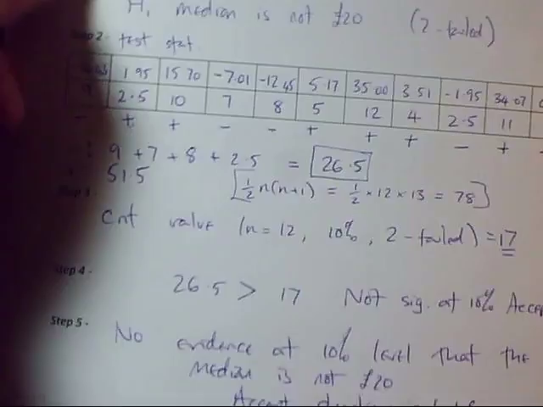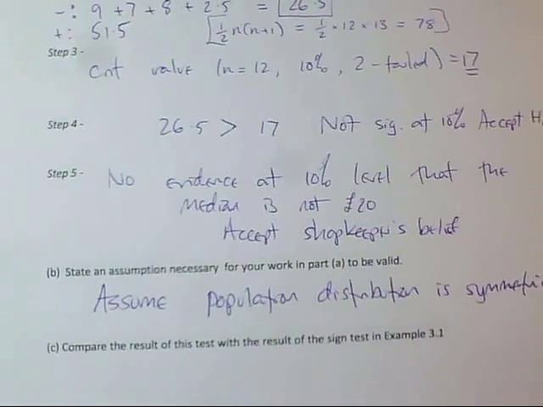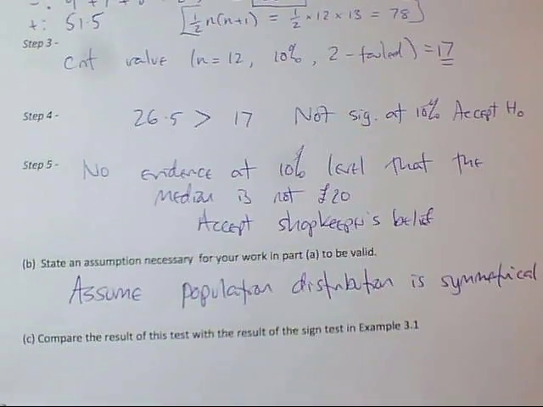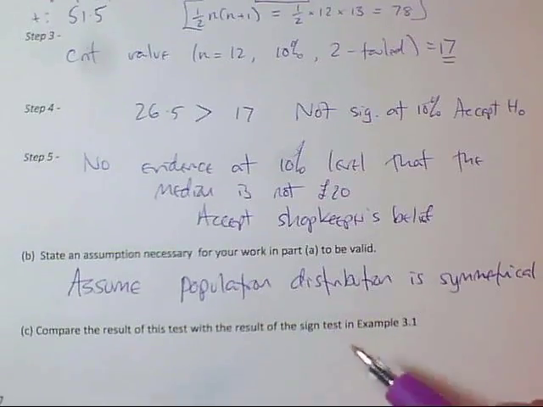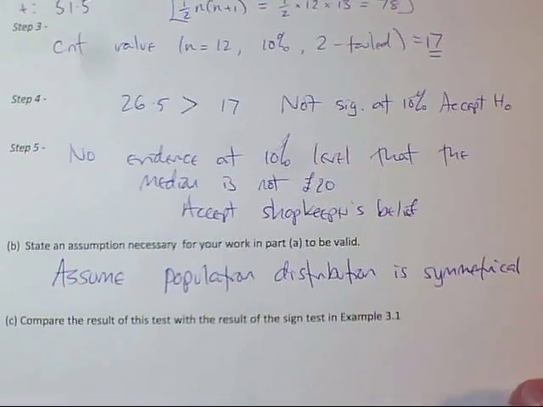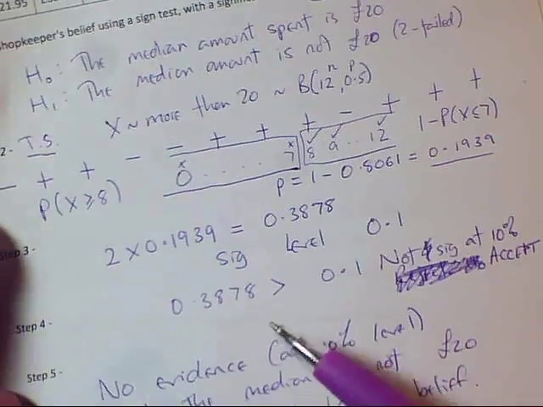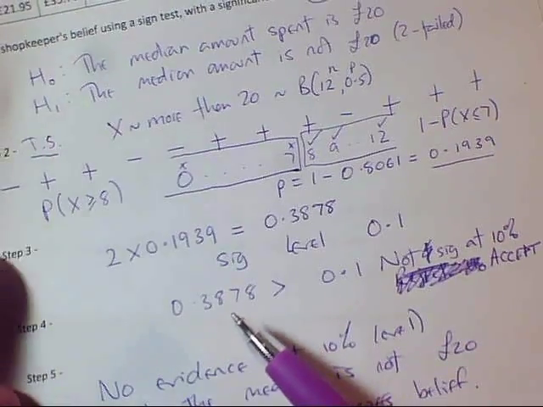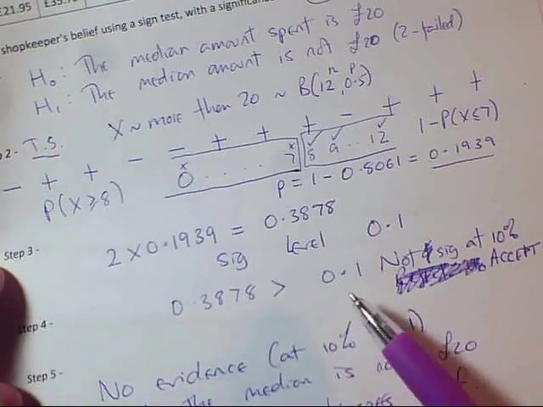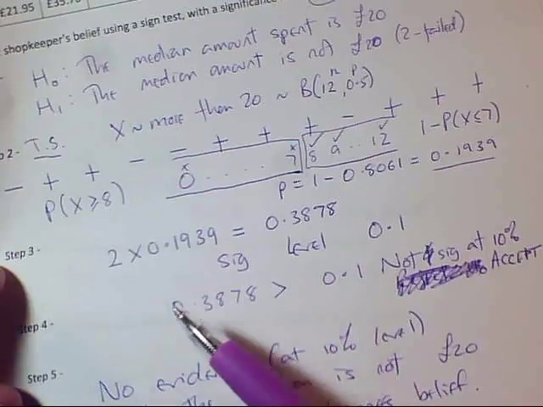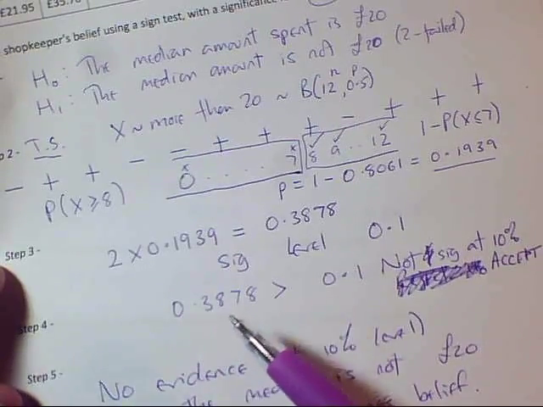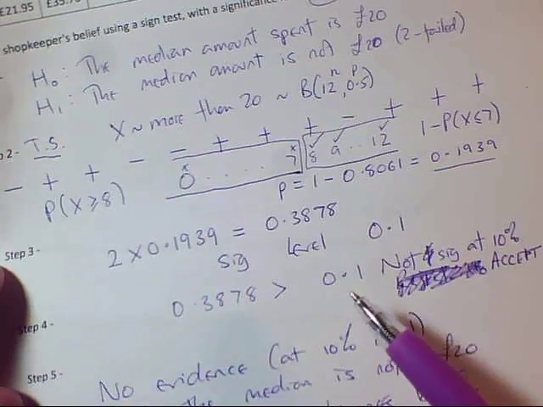Okay, and then to finish this question off, we're invited to compare what's happened here to what happened in 3.1, where I had exactly the same data. The comparison I ended up doing on that occasion was 0.3878 with 0.1, so the test statistic really woefully failed to be significant.